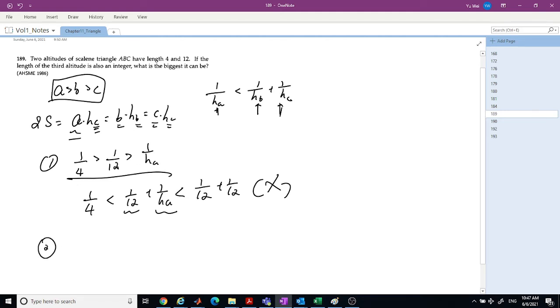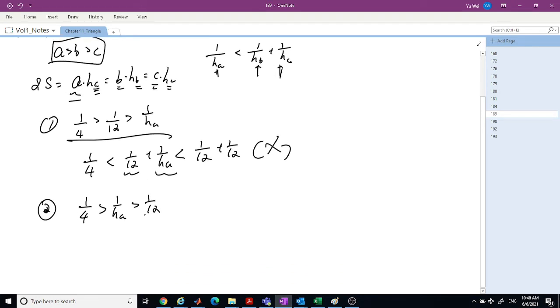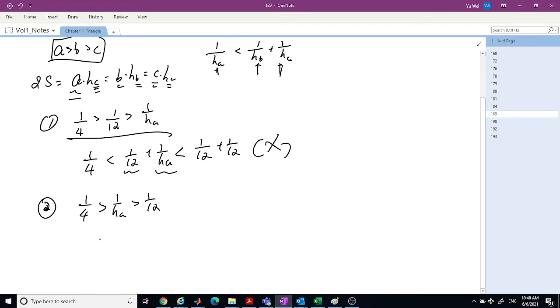So now let's make Ha a little bit less. So 1 over 4, 1 over Ha less than 1 over 12. Now 1 over 4 should be less than 1 over 12 plus 1 over Ha. So 1 over Ha should be greater than 1 over 4 minus 1 over 12, which is 1 over 6, right?